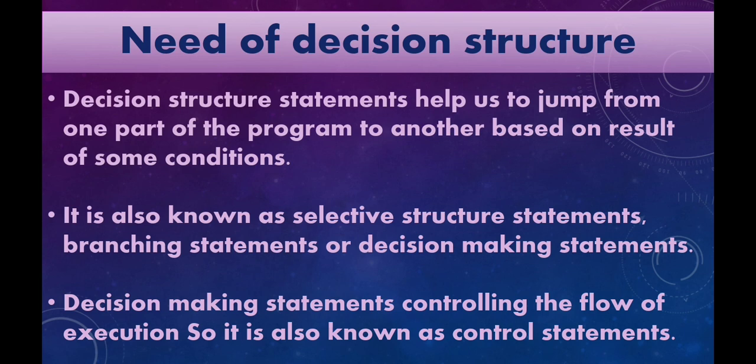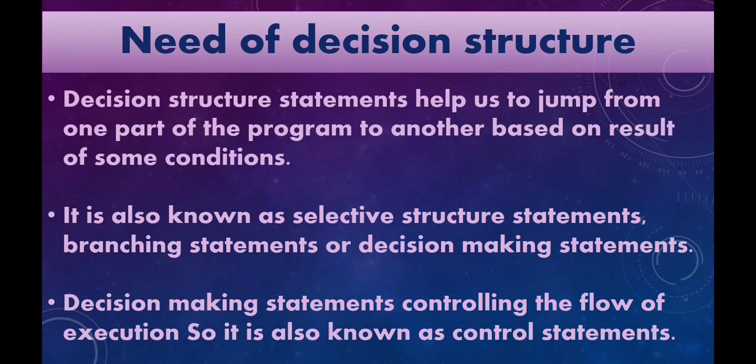It is also known as a selective structure statement, branching statement, or decision making statement. These are other names of the decision structure. It is also known as a control statement, because the decision making statements control the flow of execution in your program.